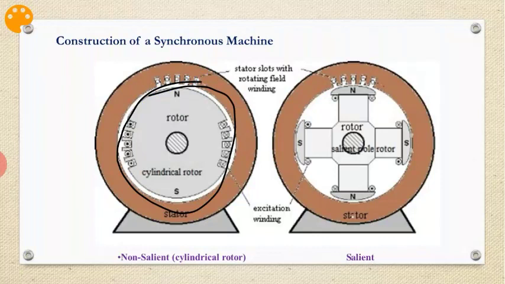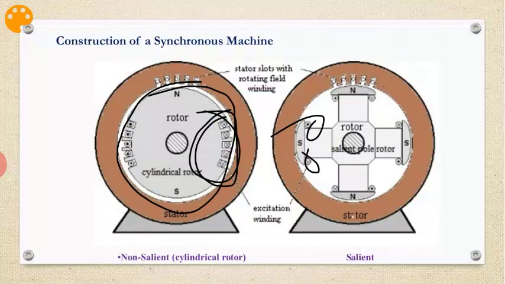The exciting winding is put here, exciting winding DC, in the cylindrical rotor here, and in the salient pole the excitation winding is wound here.